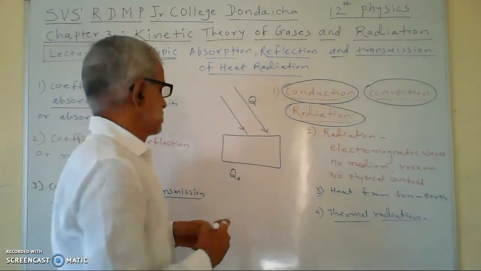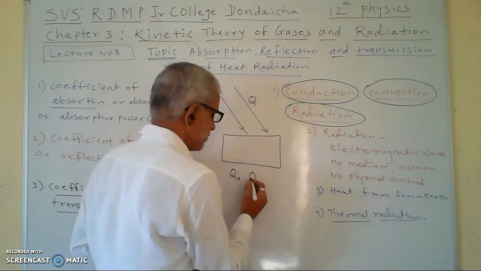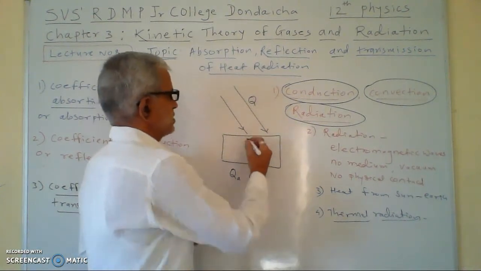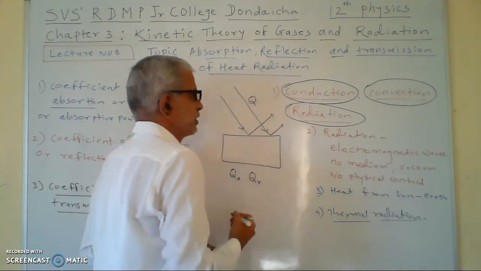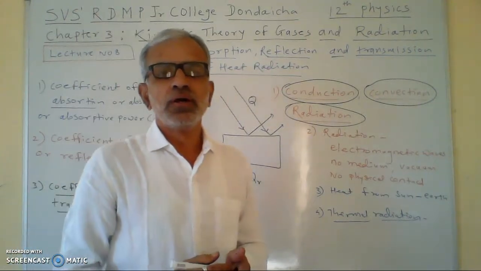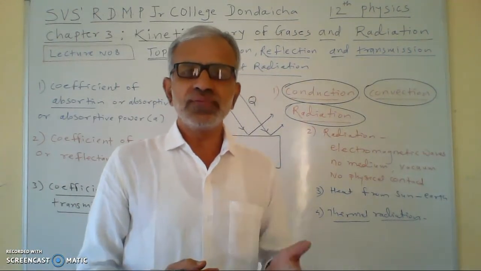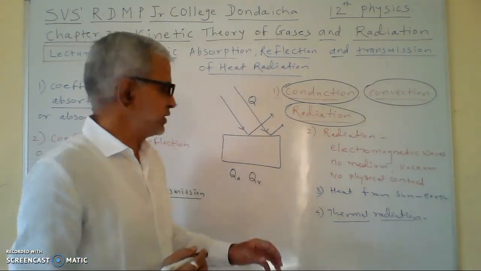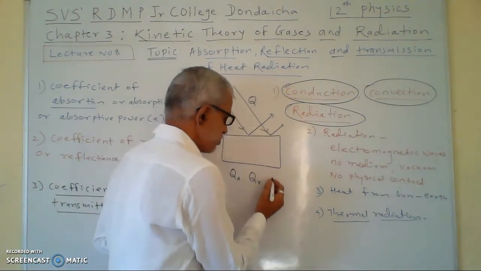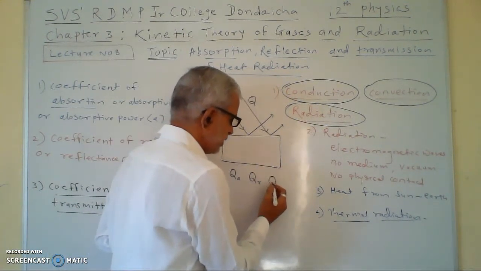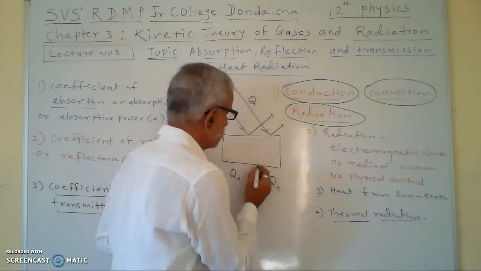Then some part of the thermal radiation will get reflected, and suppose it is denoted by QR, and some part will be transmitted through the body.